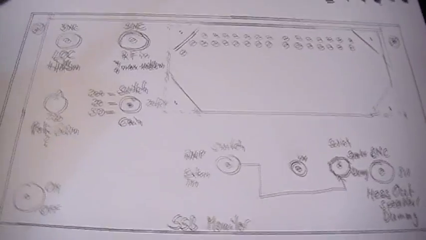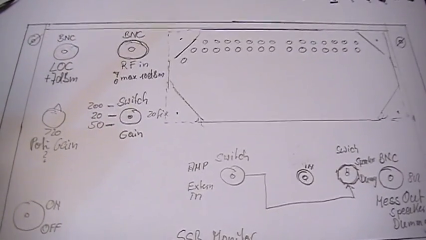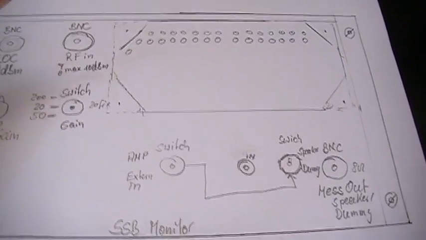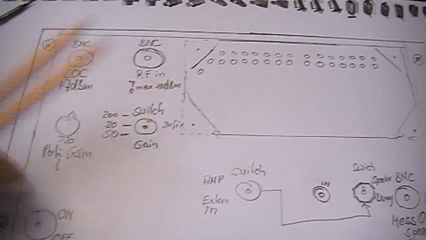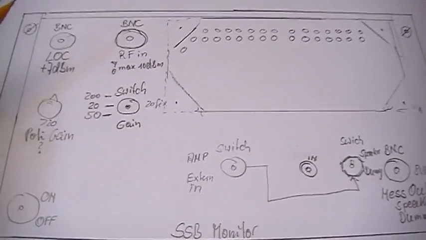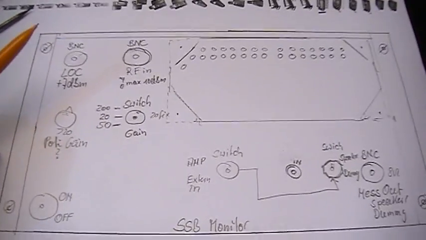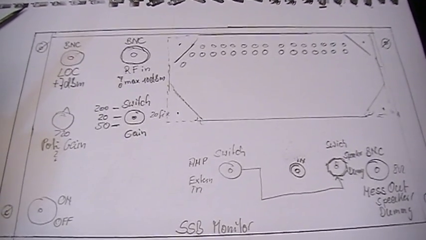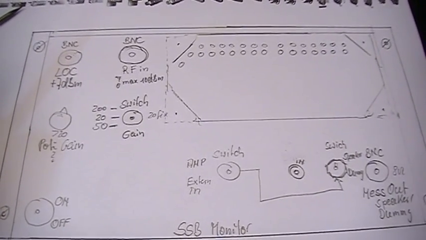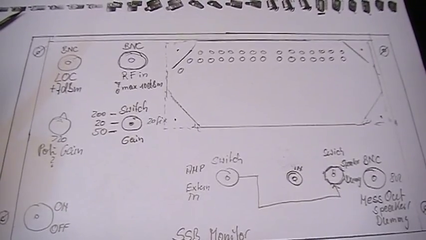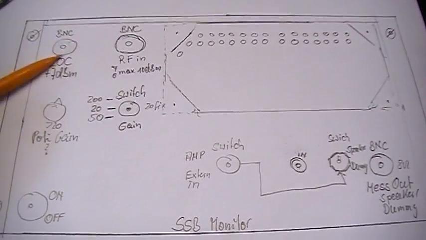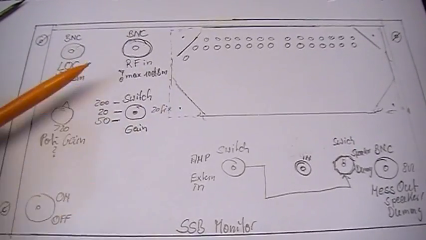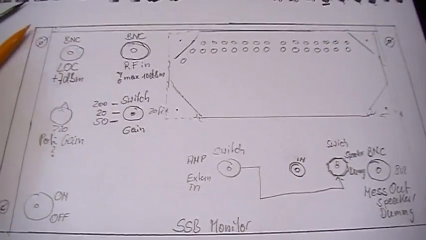Then I will finally start drilling all the holes which I need to put all the stuff into the front panel. So ordering will be next, and then we see what we can do on preparing the mechanical design, whatever. Okay, so far.